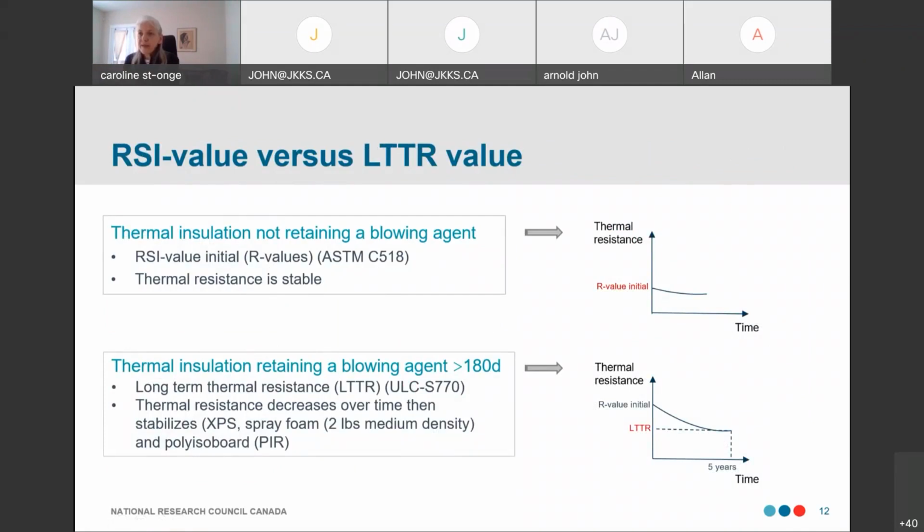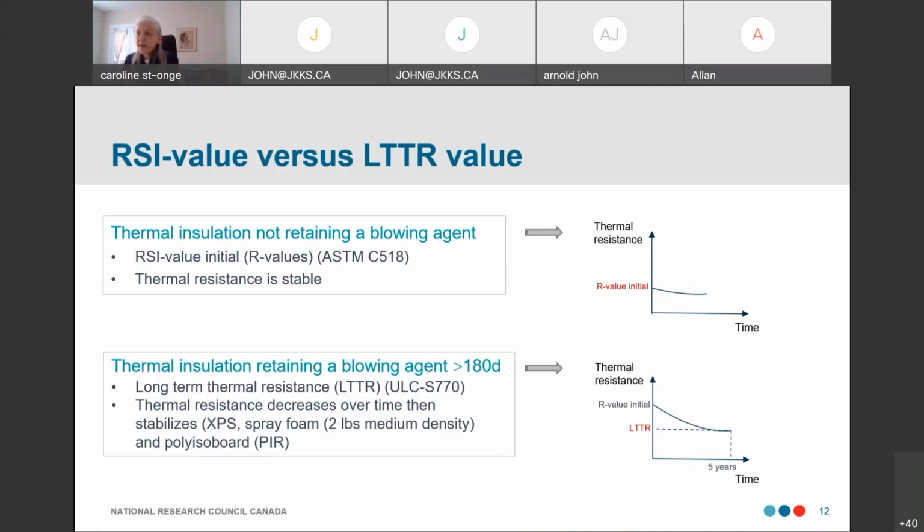This is mostly the case for EPS, mineral fiber, cellulose, wood fiber board. There's no blowing agent that is captive within the insulation. So it's a standard type of test that must be done to establish the thermal resistance.